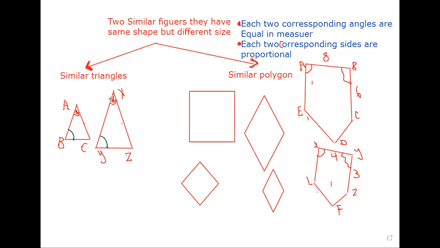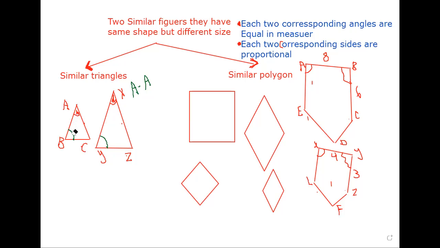Angle A with X, angle B with Y. Then we can use this case to prove that the two triangles are similar by using angle. If two corresponding angles are equal in measure, then the two triangles are similar.